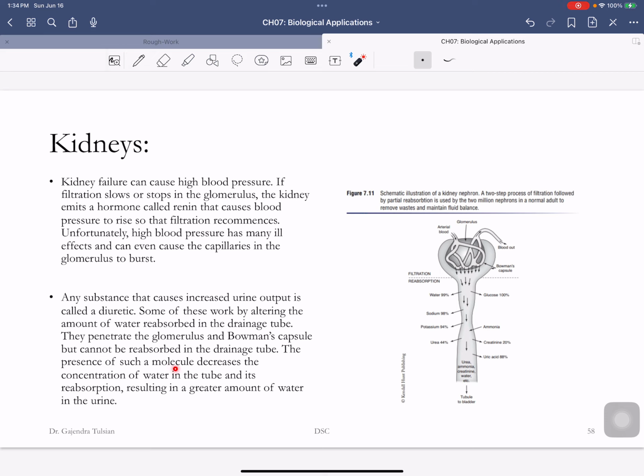The presence of such a molecule decreases the concentration of water in the tube and its reabsorption, resulting in a greater amount of urine. So diuretic molecules come across here, but they're not reabsorbed, and so they make reabsorption of water difficult as well, and so you're urinating more.